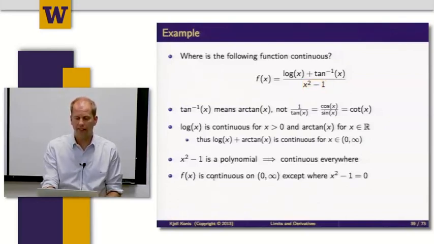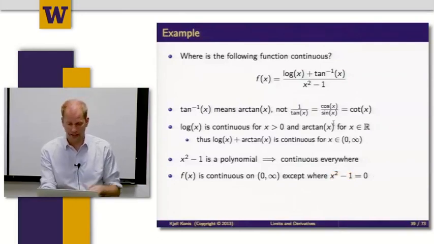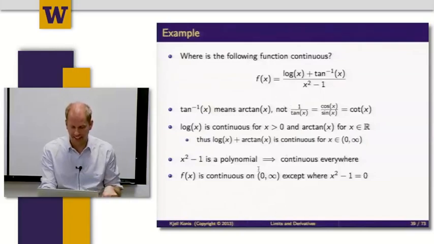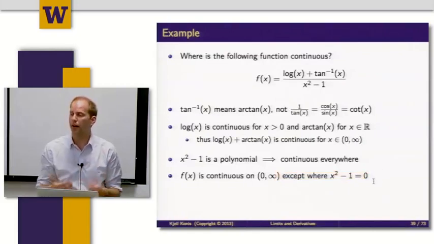And so f of x is then going to be continuous everywhere except where the bottom is equal to 0. So that was my one condition for a rational function to be continuous. So x squared minus 1 is going to be equal to 0 only when x is equal to 1 or negative 1, except that we're really only considering 0 to infinity because of the numerator. So the only point where I'm going to have a problem is x equal to 1.